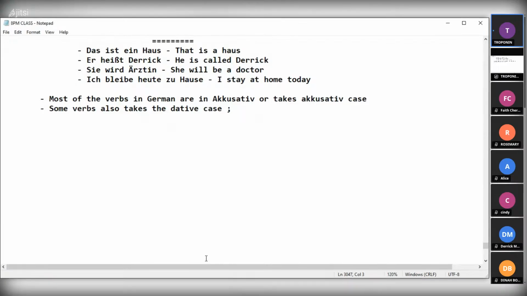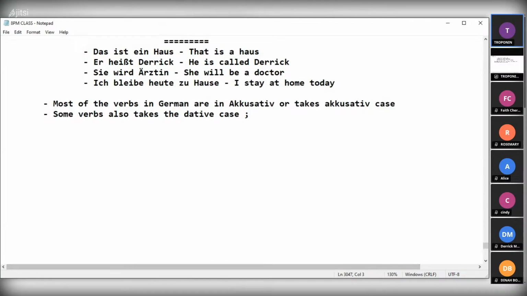Is this font okay? Confirm if they're okay.